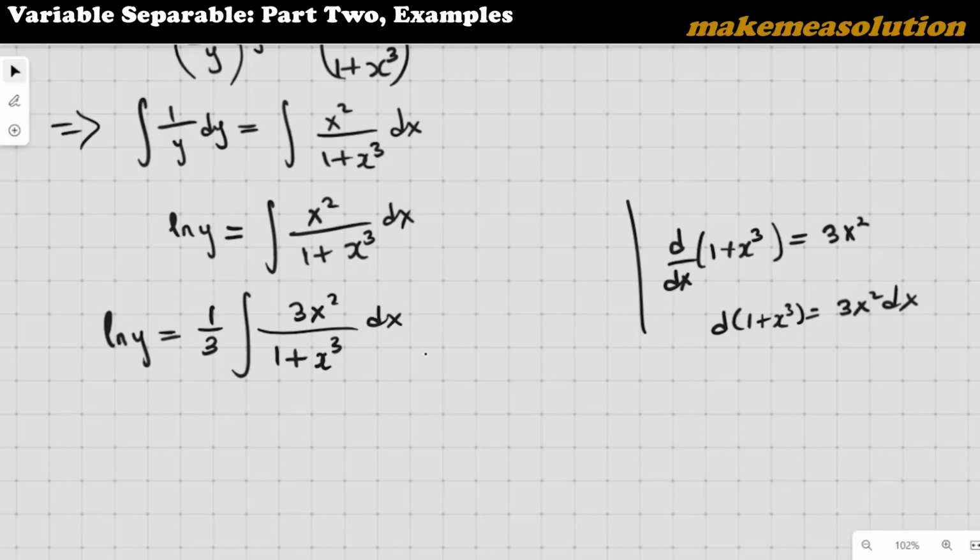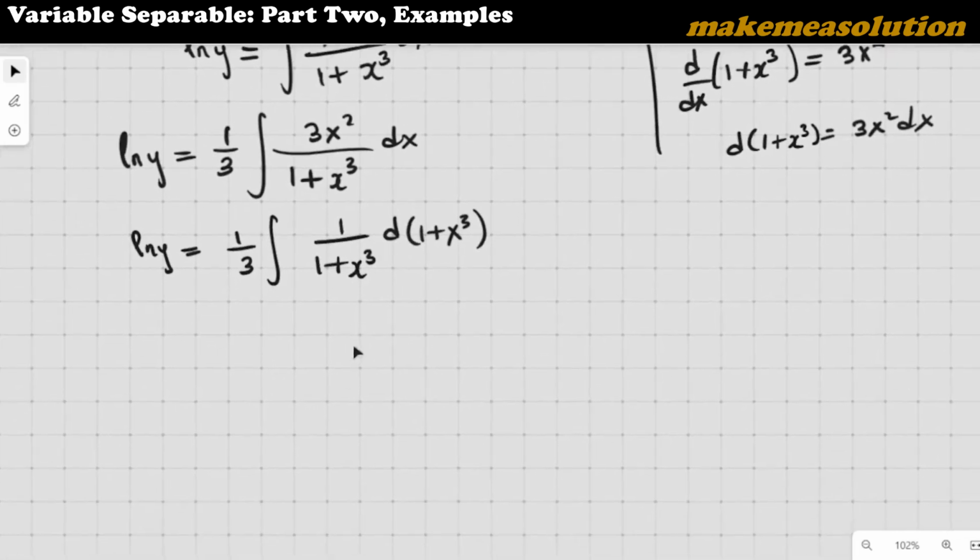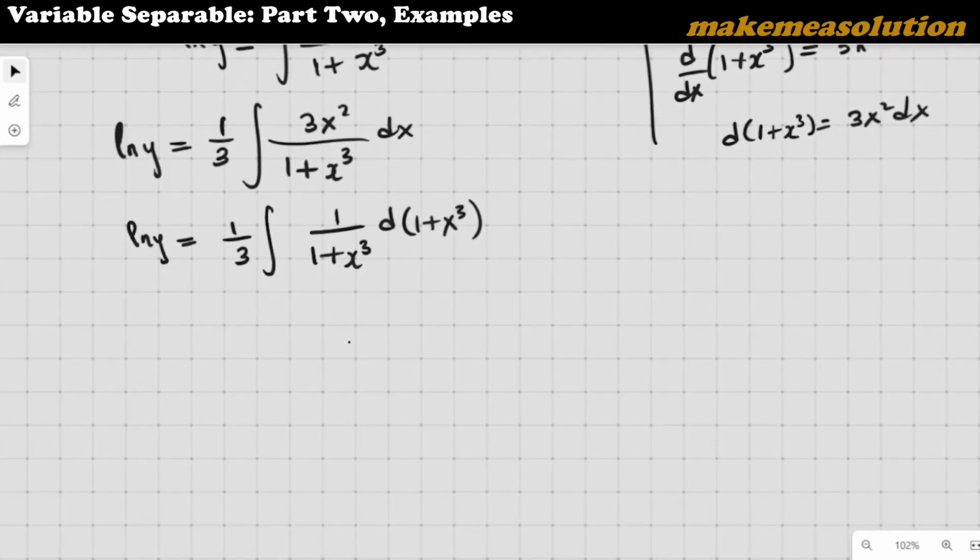So at this point now, we can see ln y is equal to 1 over 3 of, instead of 3x squared dx, 1 over 1 plus x cubed, then d of 1 plus x cubed. Are we together? So since you have the right hand side to be like this, you agree with me that the answer after integrating will be ln of 1 plus x cubed plus c.